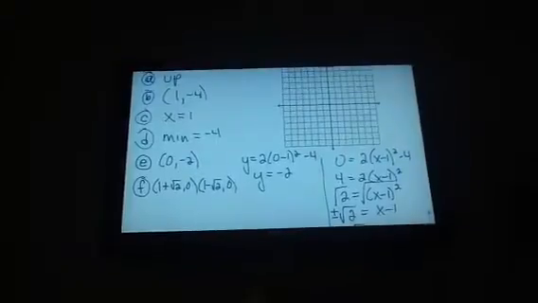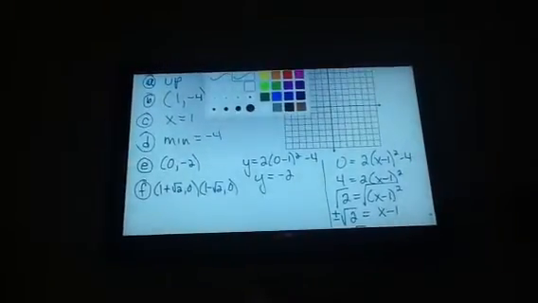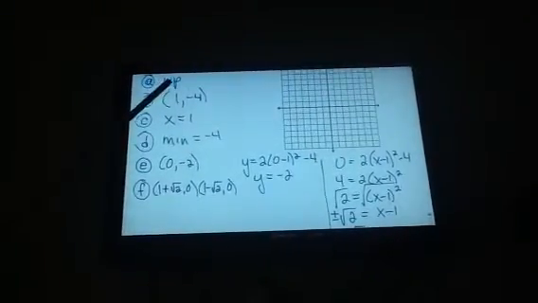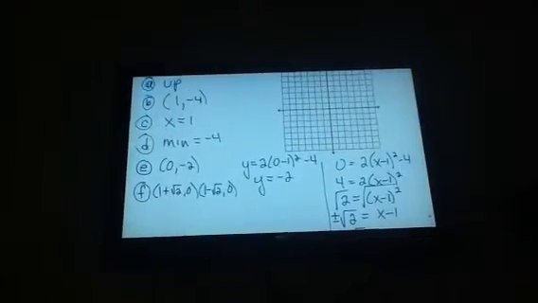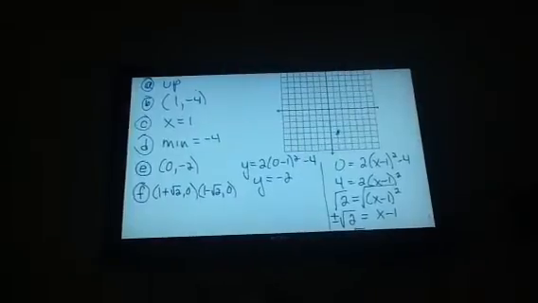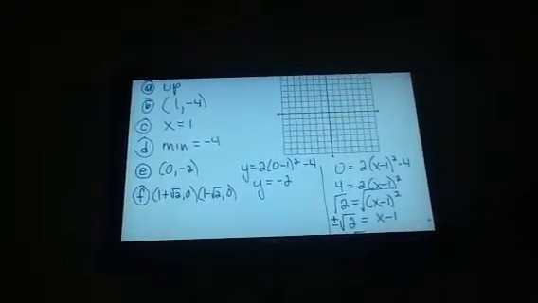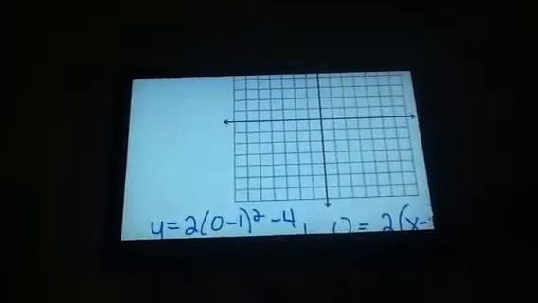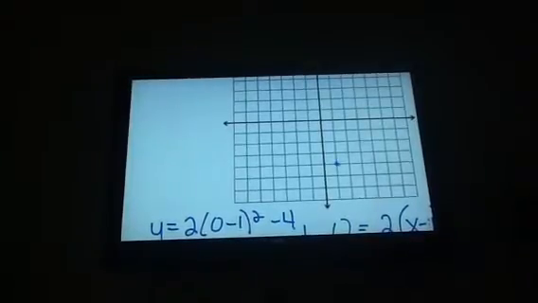Okay, so let's start graphing. For our graph, let's leave it blue. We start at the top. Put your vertex at 1, -4. Work down the line. I didn't draw a very good circle there. There we go.